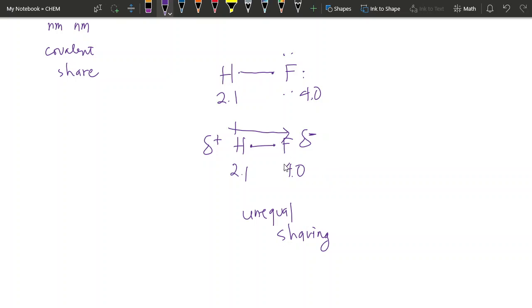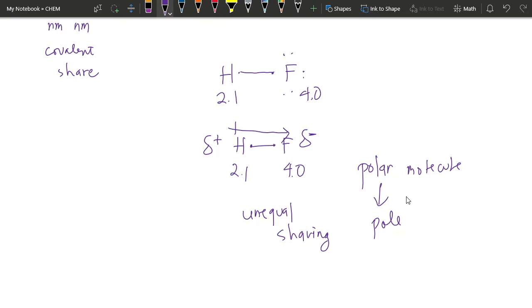So here, there is a separation of charge. This side is partially negative, and this side is partially positive. So we call this molecule a polar molecule. The word polar refers to the word pole, and of course, pole is referring to 2 opposite sides.